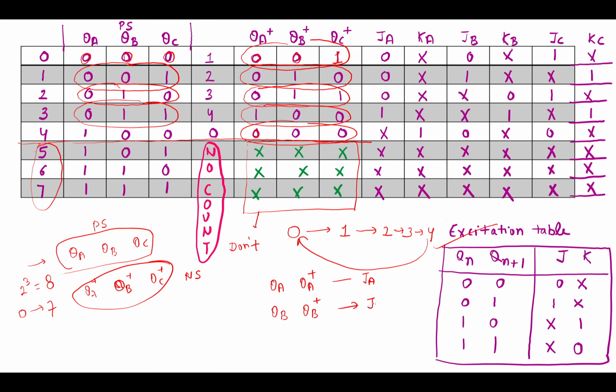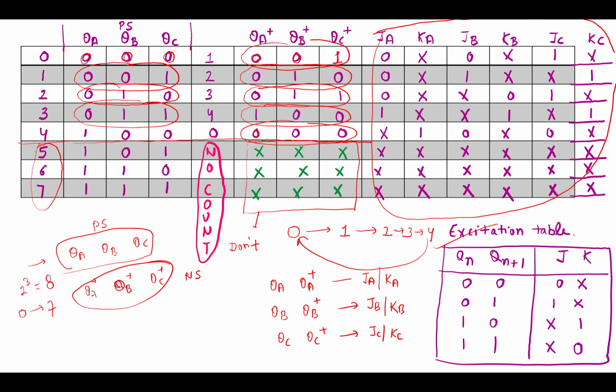Similarly, for JC and KC, you consider QC and QC plus. So you just write all these combinations here, and now this table is complete.